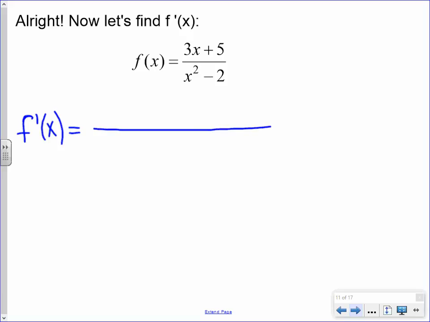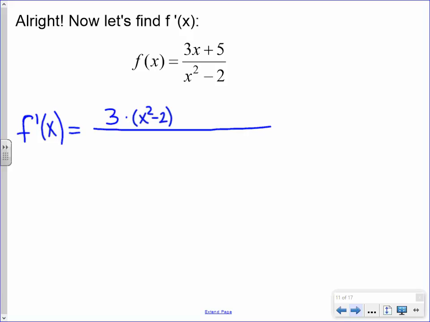We have a quotient, we know our derivative is going to look like a quotient. So we have low d high, which means we are going to keep our denominator the way that it is. D high means we're taking the derivative of our numerator, which is what? 3.